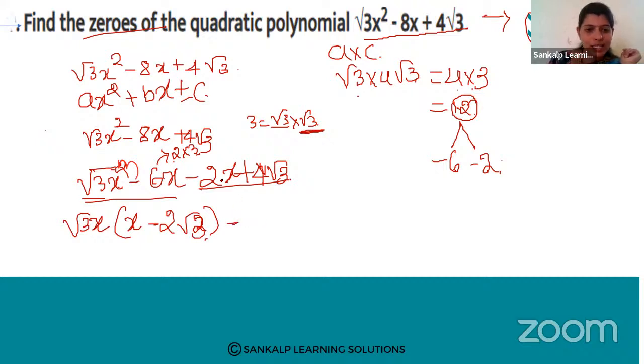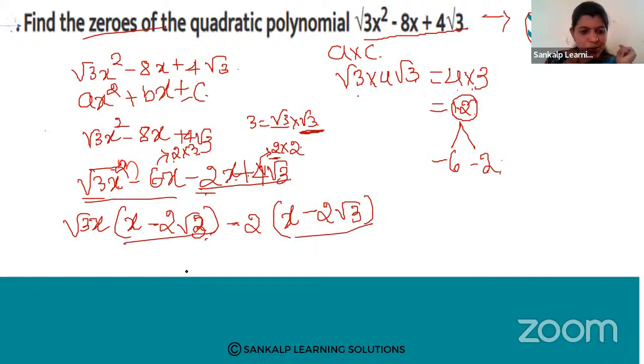Next, minus. So here 2 is there, here 4 root 3 is there. 4 can be written as 2 into 2. So here also 2 is there, here also 2 is there. Therefore, I will take 2 common. Next, here x remains, plus into minus, minus 2 root 3 remains here. Right? So x minus 2 root 3, x minus 2 root 3.